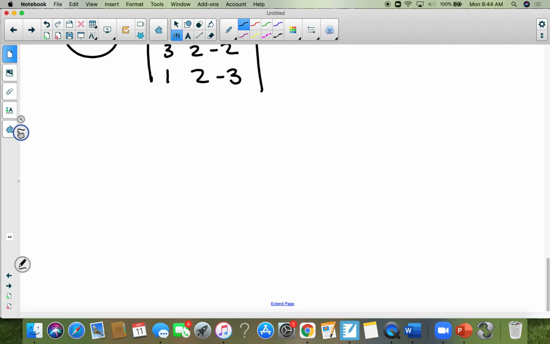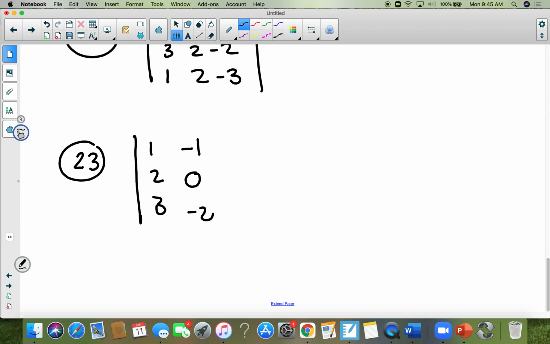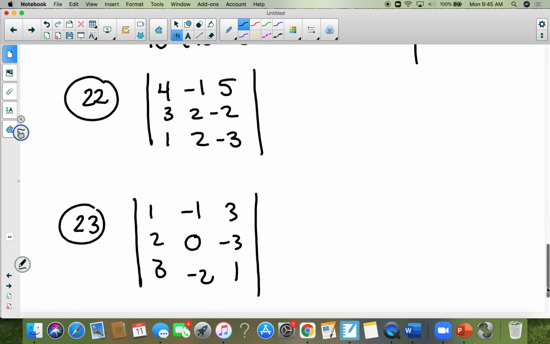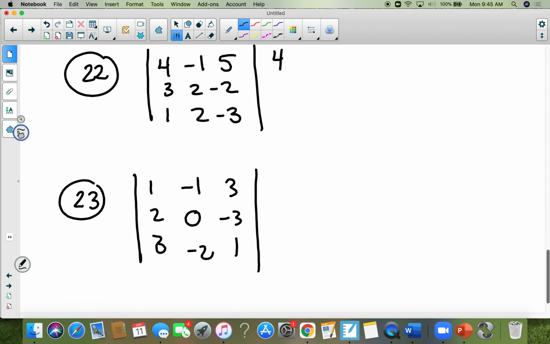And while you're waiting here, I'll do this one too. In order to do a 3 by 3 on the task, remember, you have to copy down the first two columns over again.